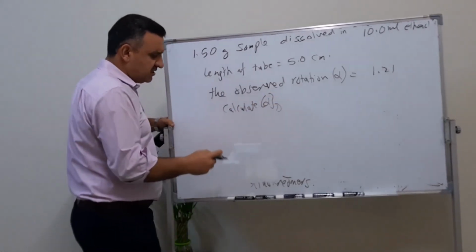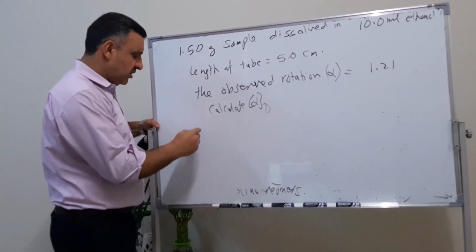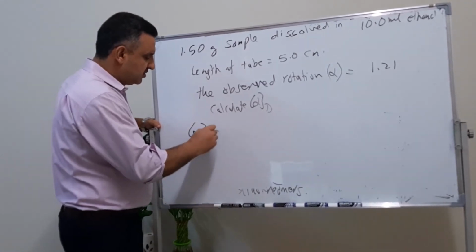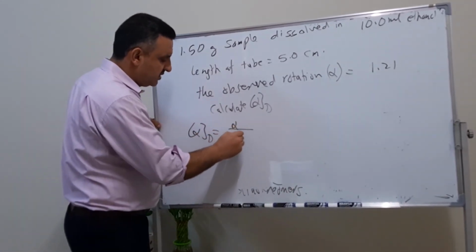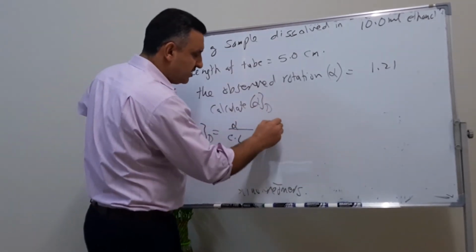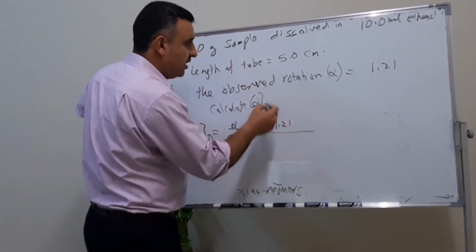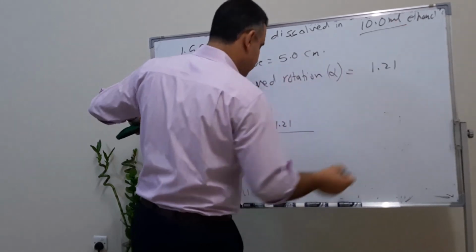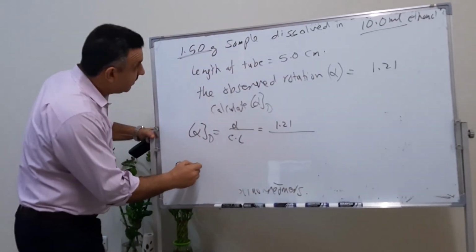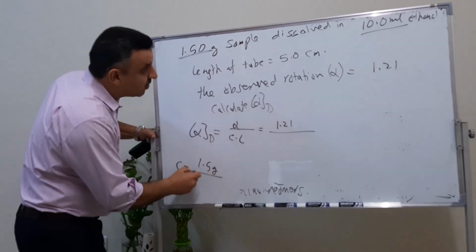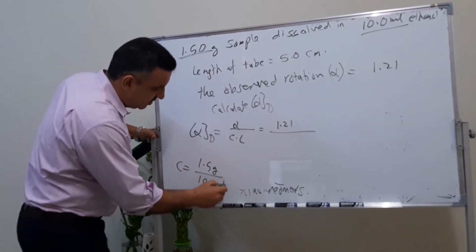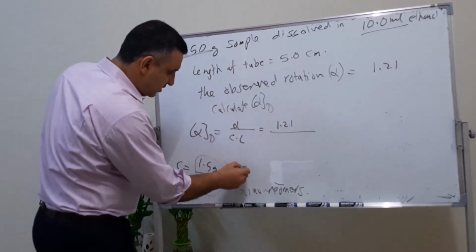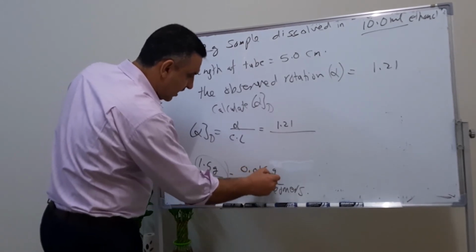To calculate alpha D, it's very simple actually. All we need is to apply the rule here: alpha D is equal to alpha over c times L. Alpha is 1.21 degrees, over the concentration, which is 1.5 gram dissolved in 10.0 milliliters, so 0.15 gram per ml.